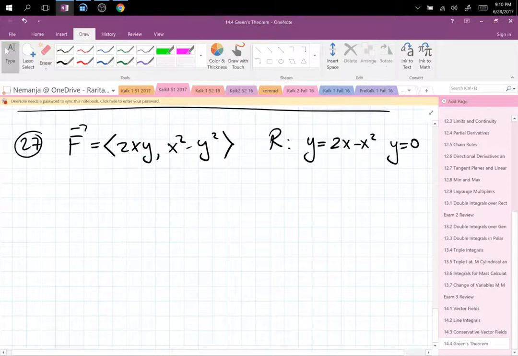So there's no source. R is source free. This is not the first time I'm doing this.